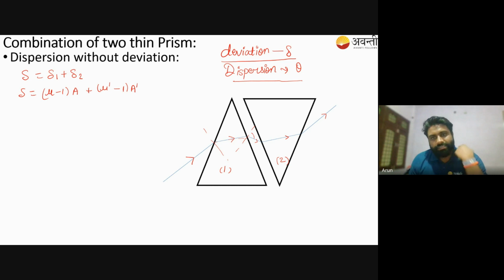I have considered this angle as A dash and this as A. Material of this prism is mu and material of this prism has refractive index mu dash. We are considering that deviation is not playing any role here, so we take deviation as 0.